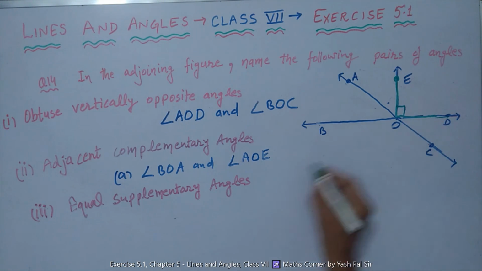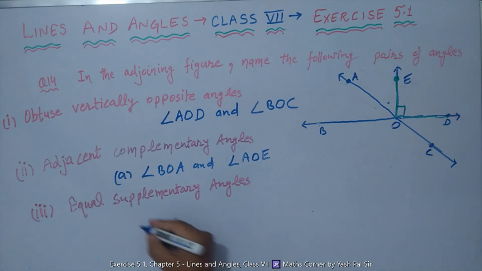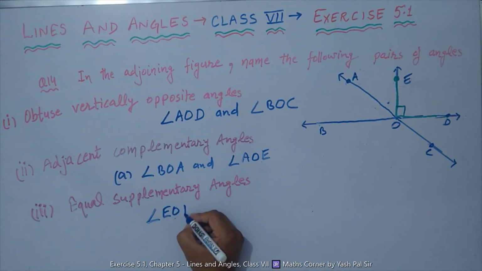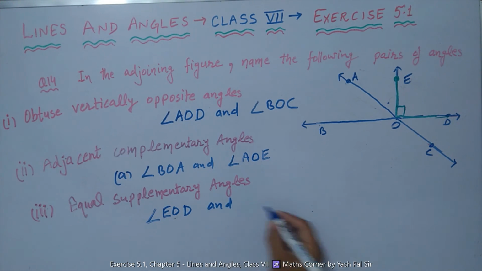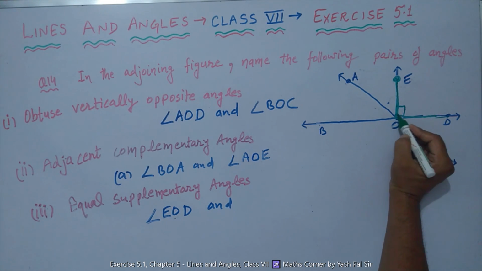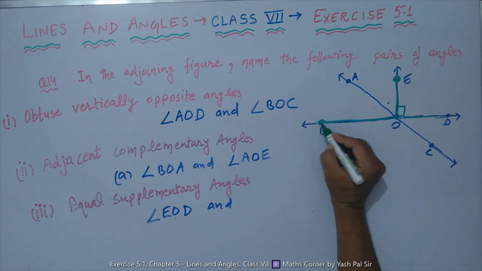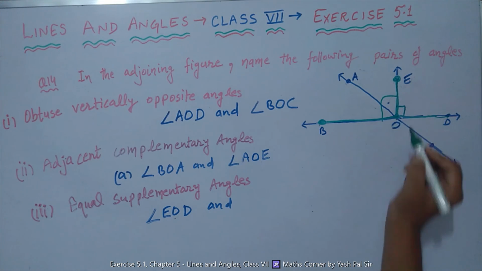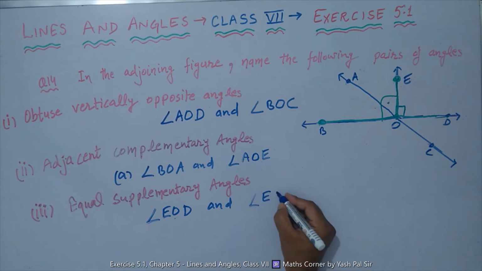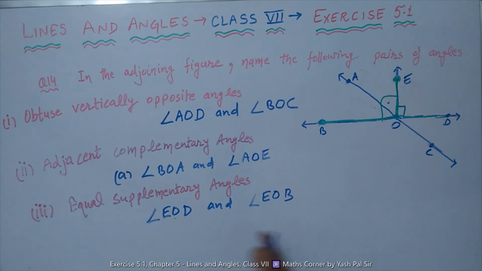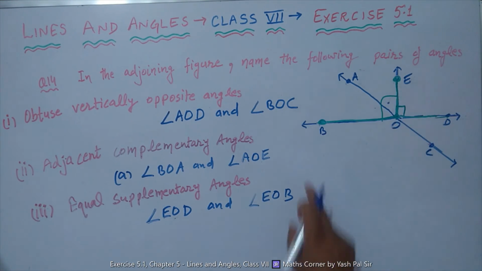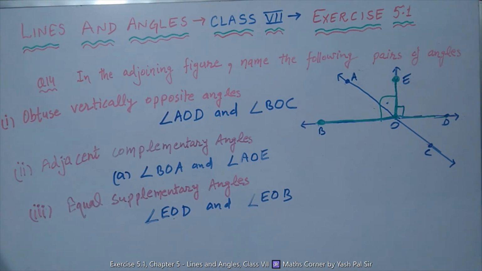What is the name of this angle? The name of this angle is angle EOD, and next is EOB. So this is also 90 degrees, and we write this as angle EOB. So they are supplementary and equal. Their sum is equal to 180 degrees.